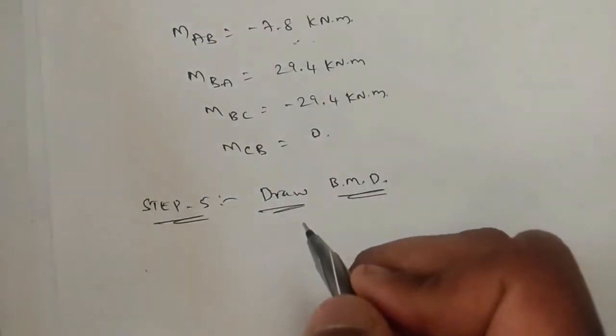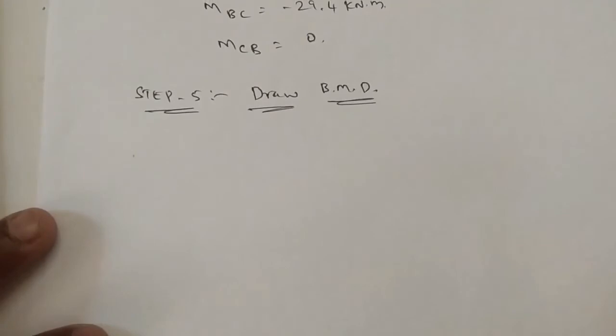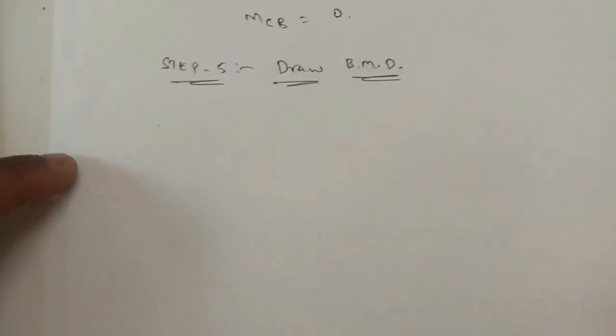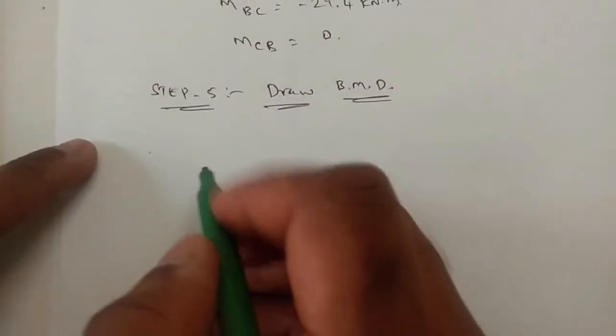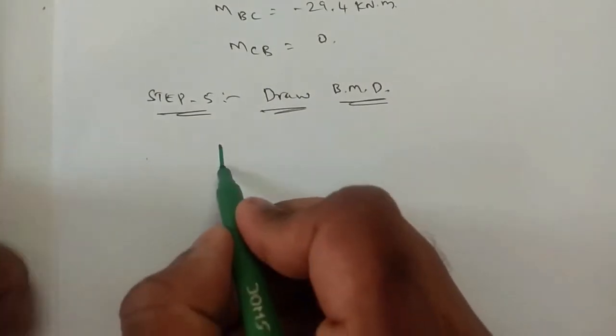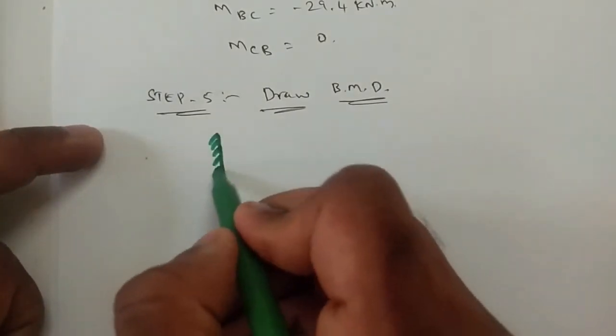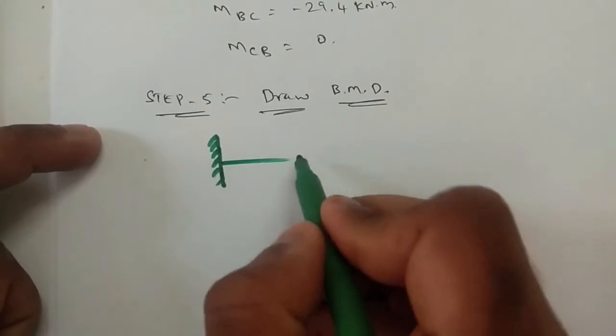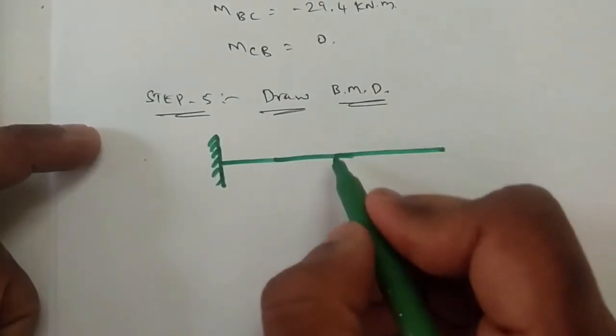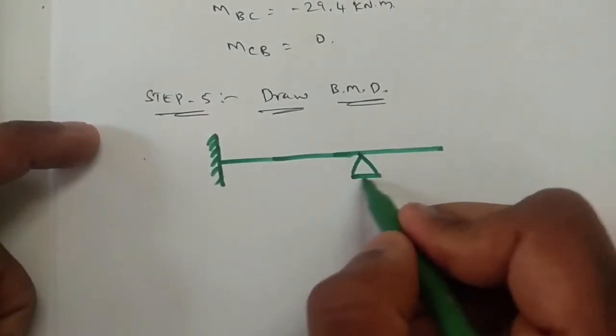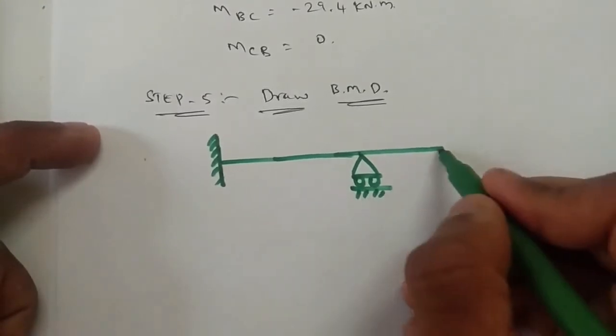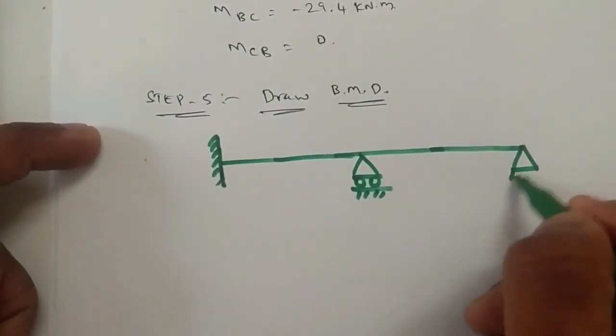How will you draw the bending moment diagram? First draw the given indeterminate beam, fixed at A, hinge support.